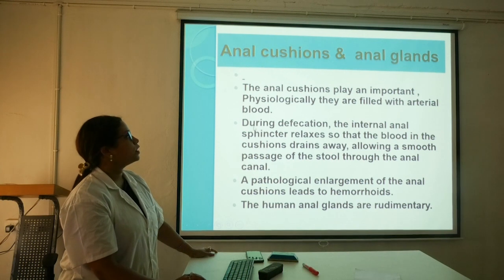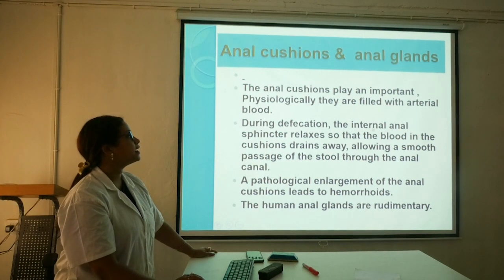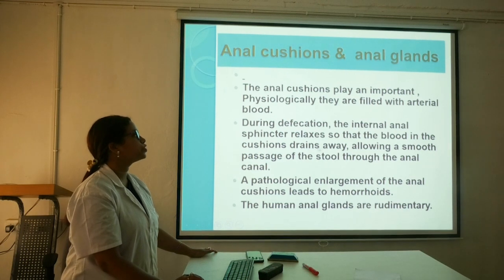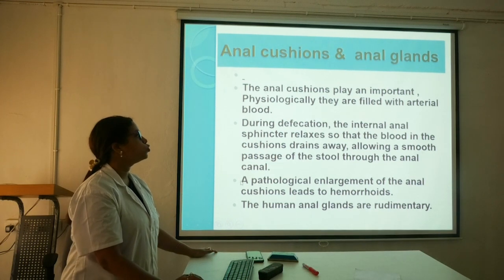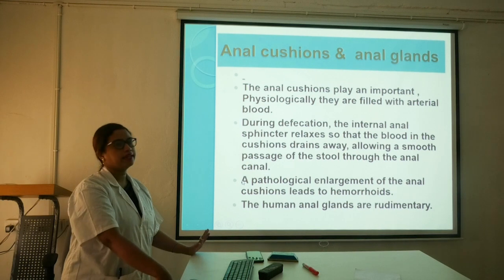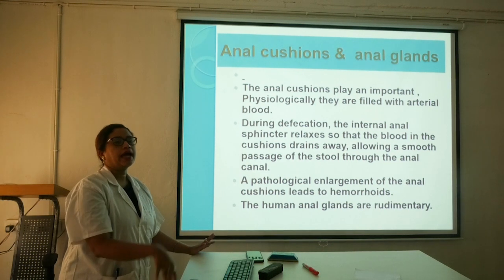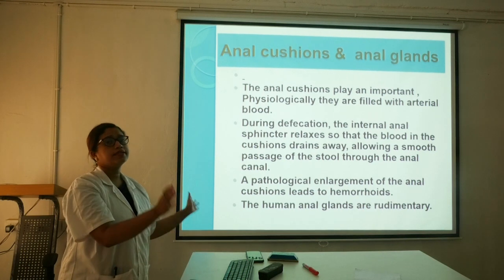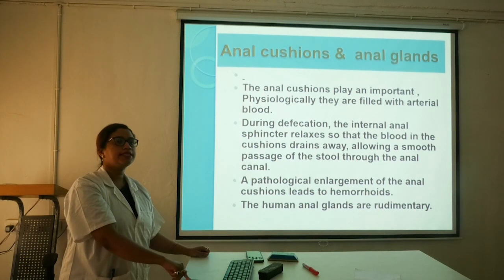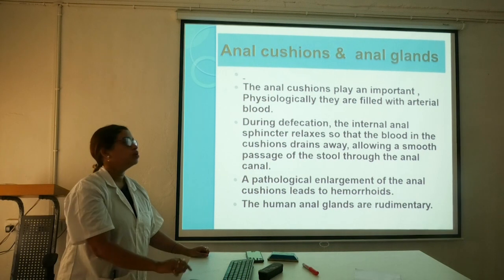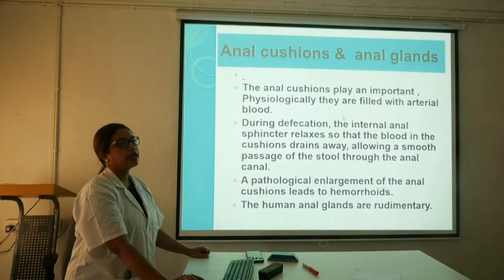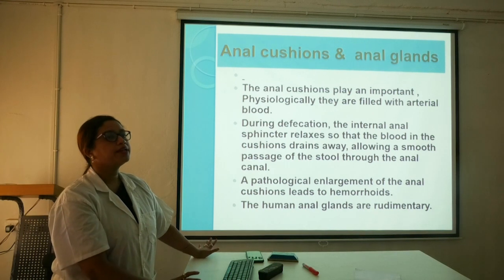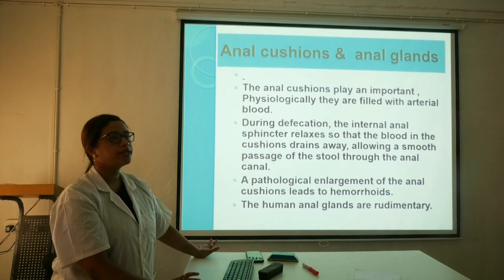So what is happening during defecation? The internal anal sphincter relaxes so that the blood in the cushion drains away, allowing smooth passage of the stool into the anus. Actually it is providing support, but whenever the stool is coming, the blood just drains away. Okay, it goes back to the circulation. So that is the function of the anal cushion. So remember, although it is named cushion, it is not about any fatty issue.